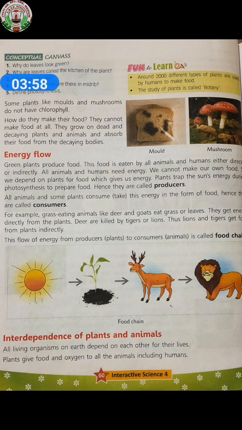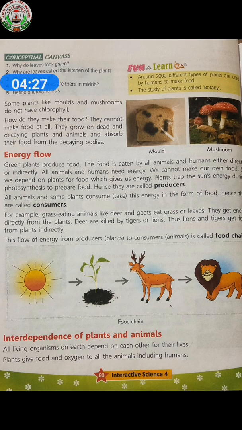All animals and some plants take this energy in the form of food. Hence they are called consumers. Those who take the food are called consumers, and those who trap energy during photosynthesis to prepare food are called producers. So you understand, children, producer?